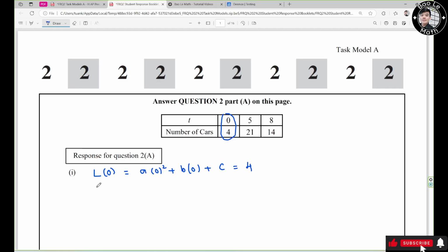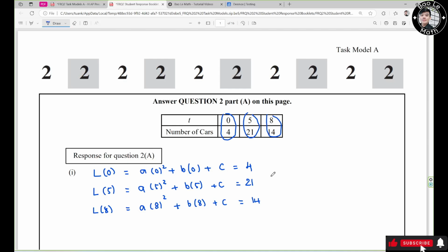Now second equation, L(5) equals A times 5 squared plus B times 5 plus C, and this equals 21. The third equation, L(8), is going to be A times 8 squared plus B times 8 plus C equals 14.